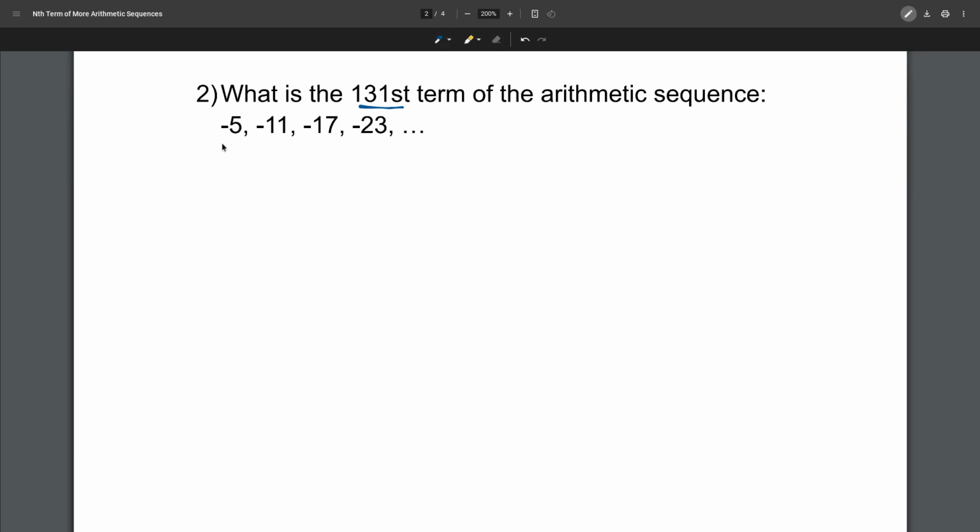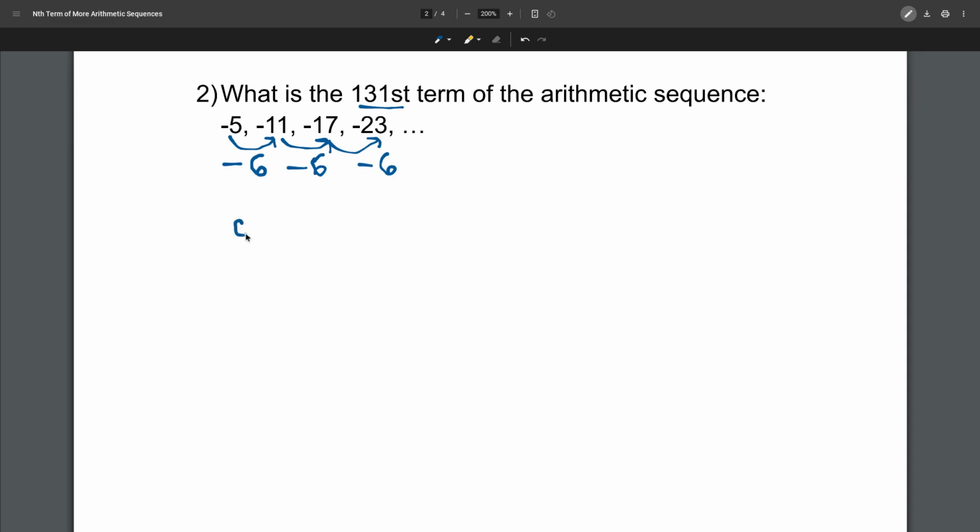As we go from here to here, we are actually going down 6 because we're getting more negative. So our common difference is going to be -6.